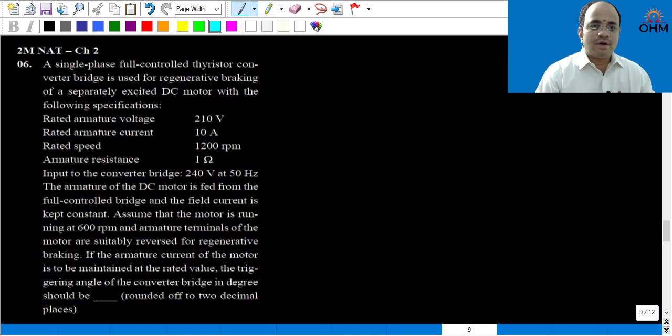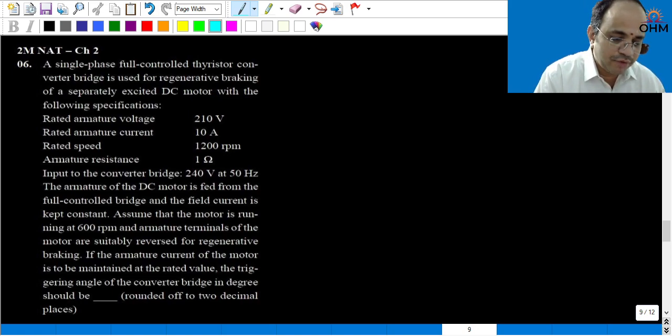The armature of the DC motor is fed from the fully controlled bridge and the field current is kept constant. Assume that the motor is running at 600 rpm and the armature terminals of the motor are suitably reversed for regenerative braking. If the armature current of the motor is to be maintained at the rated value, find the triggering angle of the converter bridge in degree.